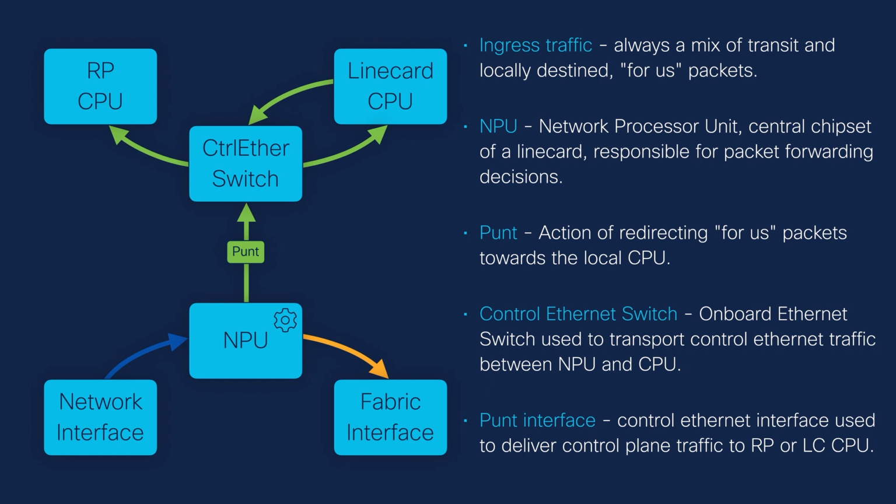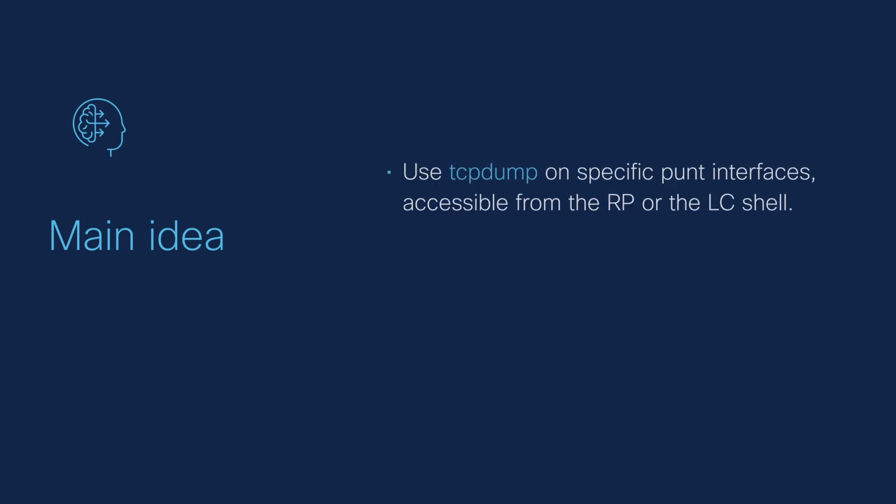So, with all those definitions out of the way, the main idea of this video is to use the tcpdump on punt interfaces available from the RP or the LC shell. The access to the RP shell is straightforward. However, connecting to the LC shell is more platform dependent, so stay tuned for our upcoming videos on this topic.